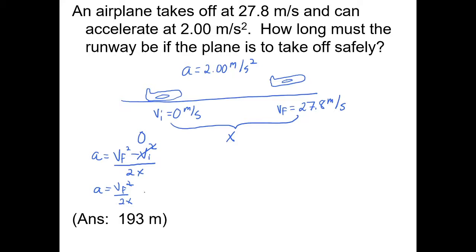We want x. So it's probably not really helpful to have x down in the bottom there. So let's multiply both sides by x. That way it'll cancel on this side. We've got x times a is v final squared over 2. Now I want x by itself, so I'm going to divide by a.